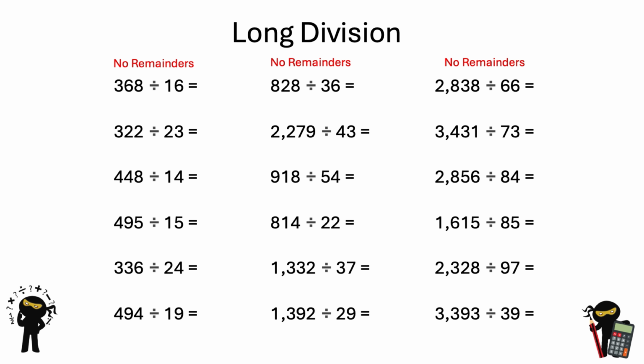The bigger the chunk you can take away, the less chunks you will need to take away overall, because there's less left. All right. So definitely practice these, and definitely practice your partial tables. And I hope that all of that has made sense.